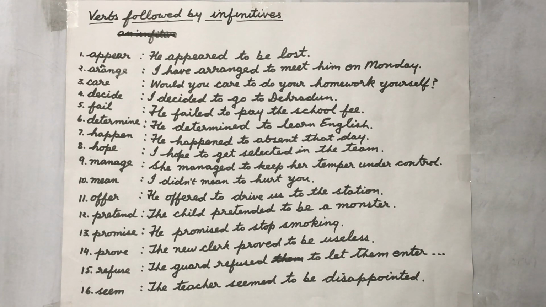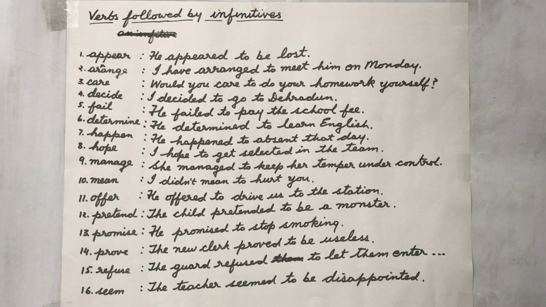So this is the first list that you are seeing. Verbs followed by infinitives. Number one, appear. He appeared to be lost. Arrange. I have arranged to meet him on Monday. Care.